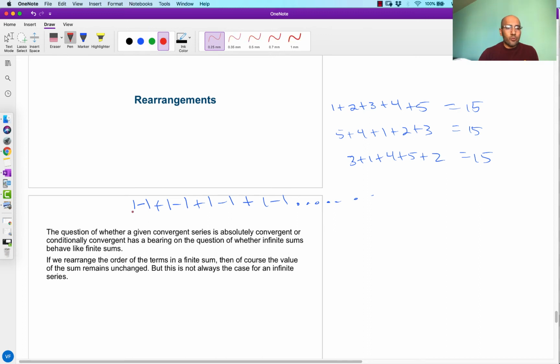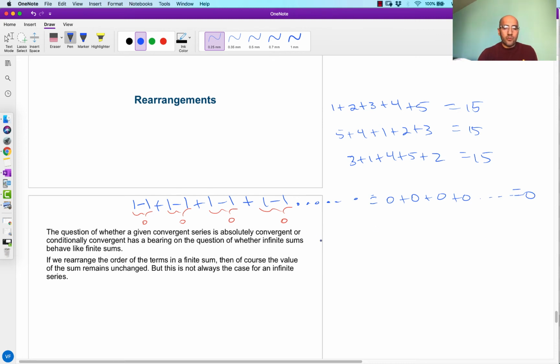So what if we group these up? That's a 0, and that's a 0, and that's a 0, and that's a 0. So the whole sum is a sum of zeros: 0 plus 0 plus 0 plus 0, and so on. So the whole sum must be 0.